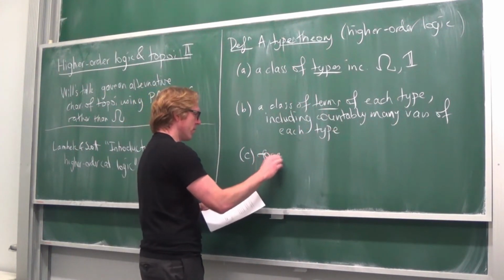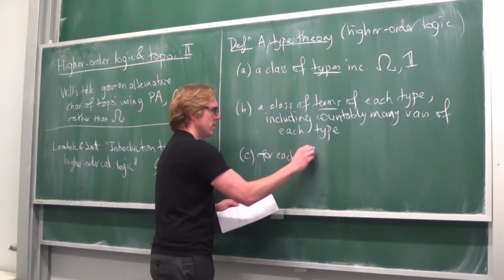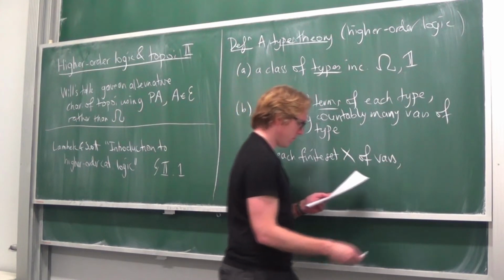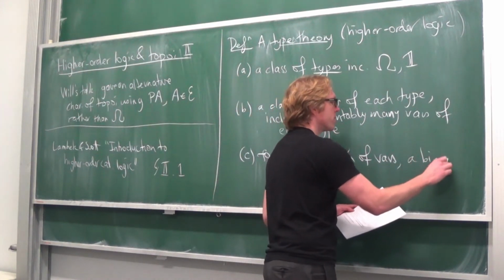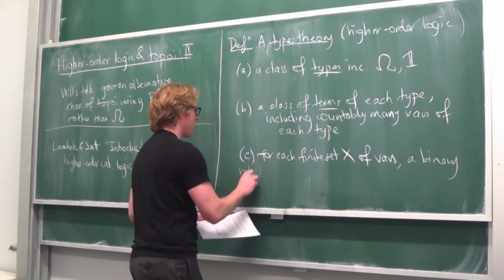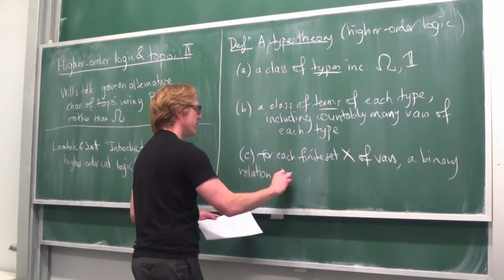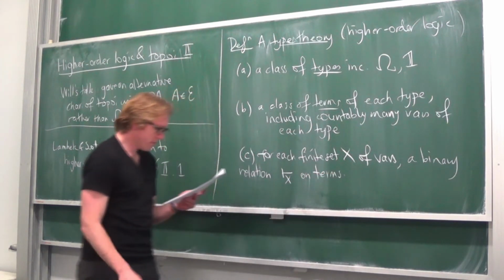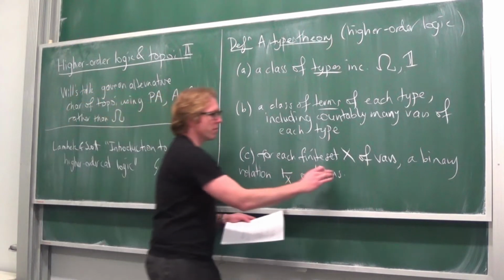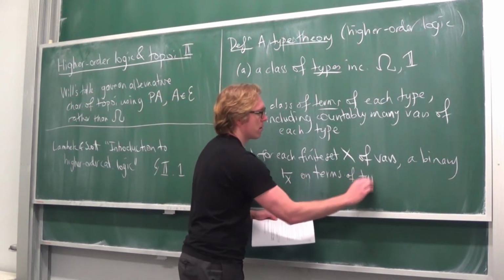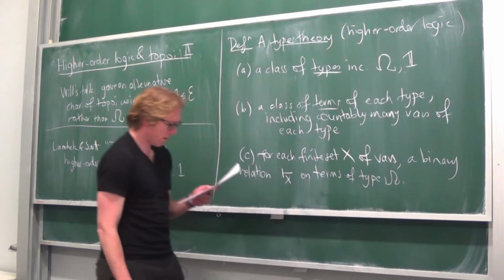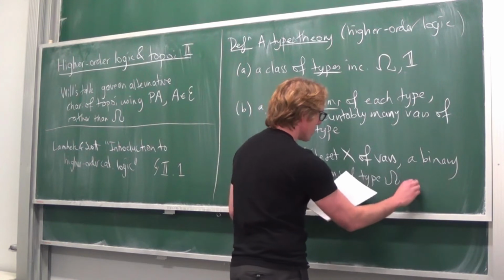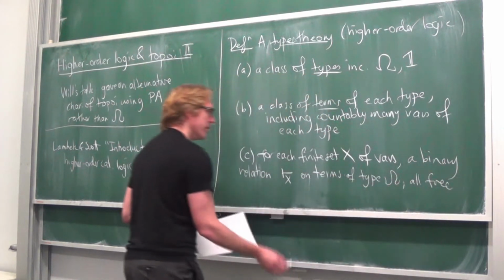And finally, for each finite set of variables X, a binary relation entails X on the set of terms of type omega, all free variables of which lie in X.